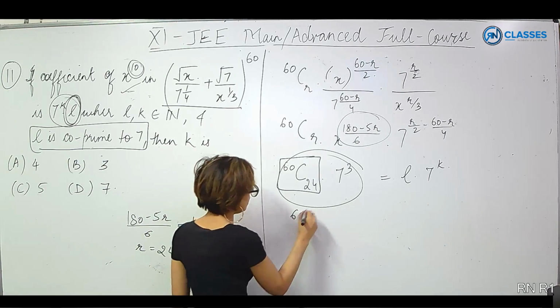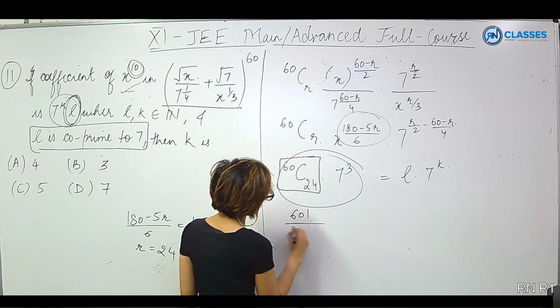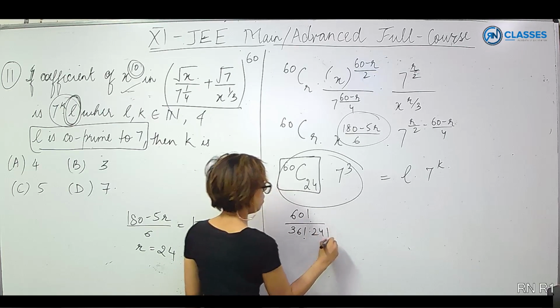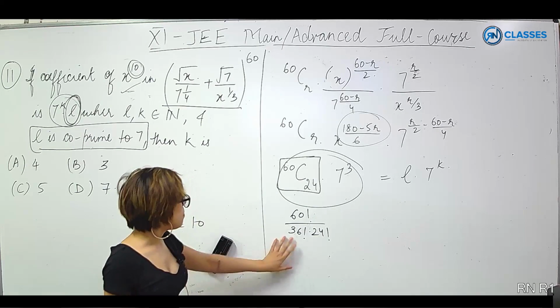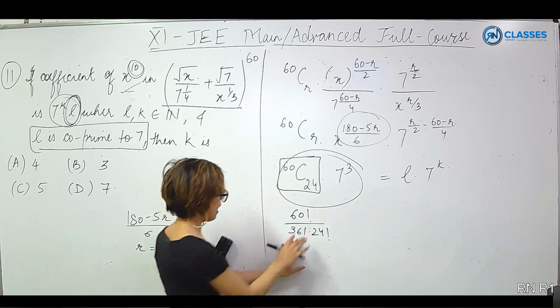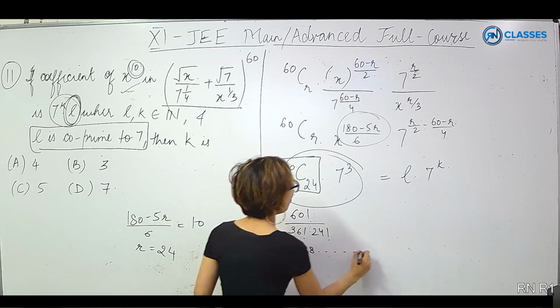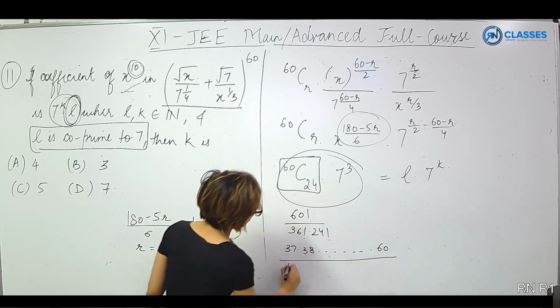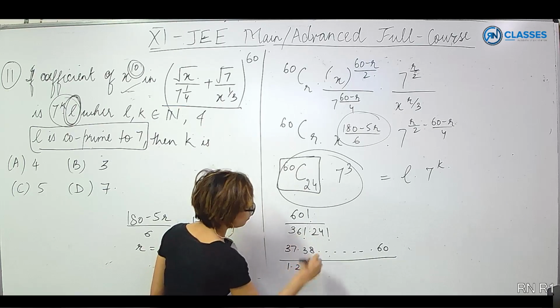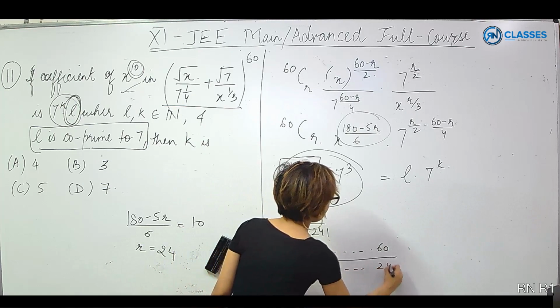60C24 is nothing but 60 factorial divided by 36 factorial into 24 factorial. Cool. We will not panic. It's not that big of a number. If I cancel 36 factorial, I'll get 37 into 38 and so on, till 60, divided by 1 into 2 into 3, and so on till 24.